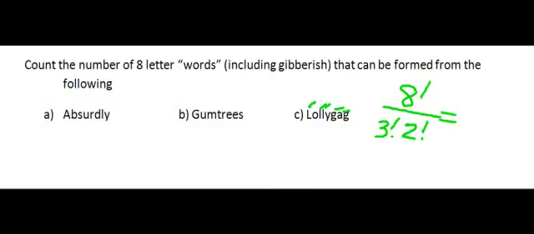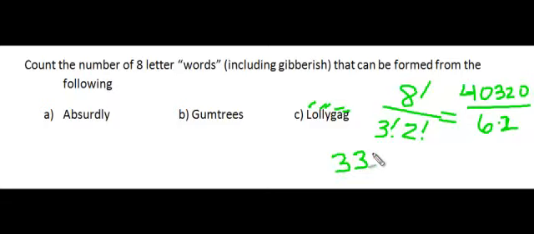So our 8 factorial, which was 40,320, divided by 3 factorial, which is 3 times 2, or 6, times 2 factorial, which is 2, so we get 12. So it's 40,320 divided by 12, which gives us 3,360 permutations of the word lollygag.